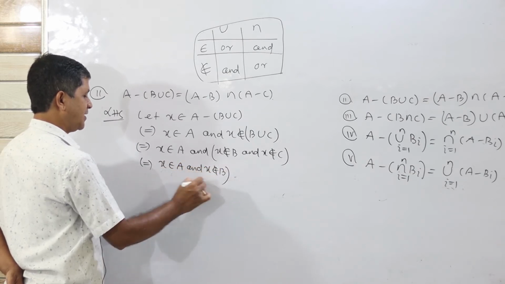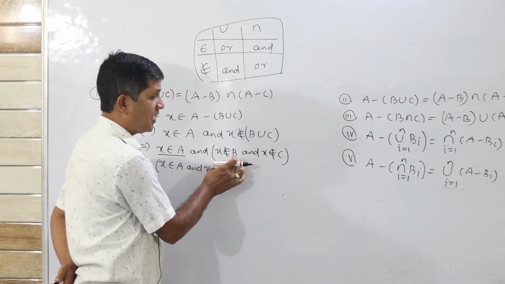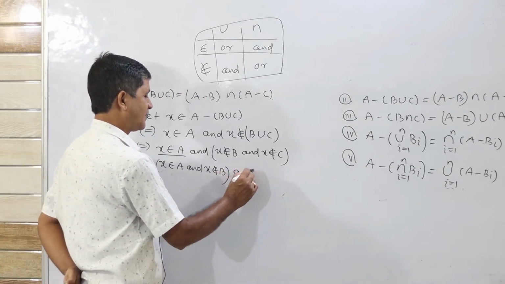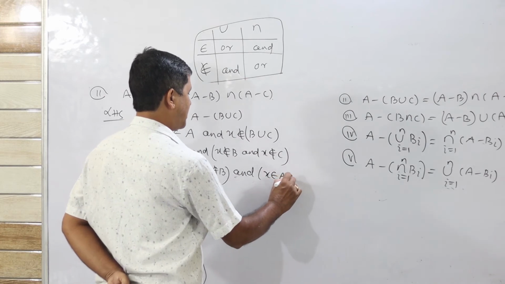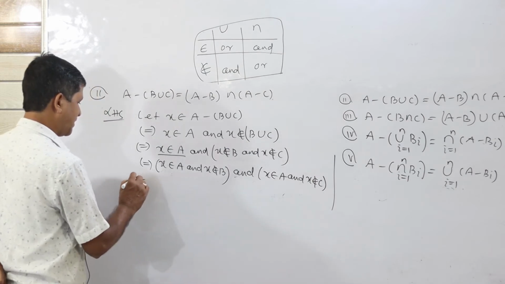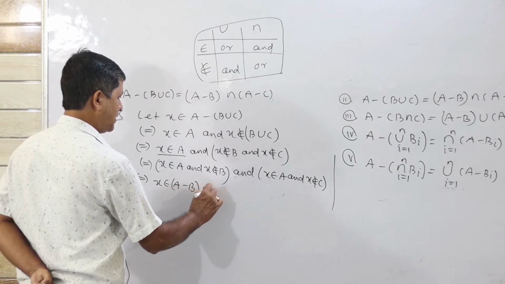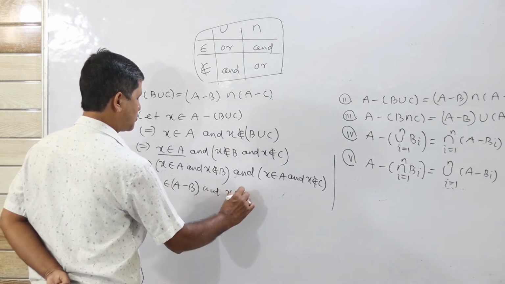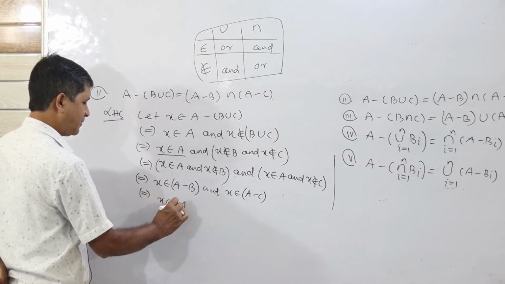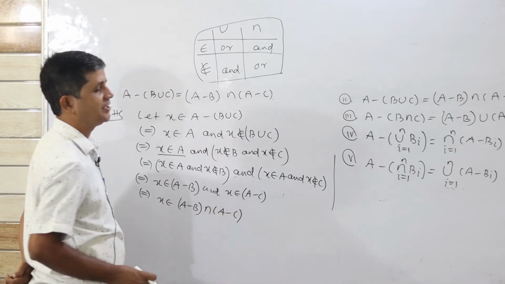So x belongs to A and x does not belong to B. This is the first case. X belongs to A will be there once with x does not belong to B and another with x does not belong to C. And x belongs to A and x does not belong to C. This implies and is implied by x belongs to A − B and x belongs to A − C, which implies x belongs to (A − B) ∩ (A − C).